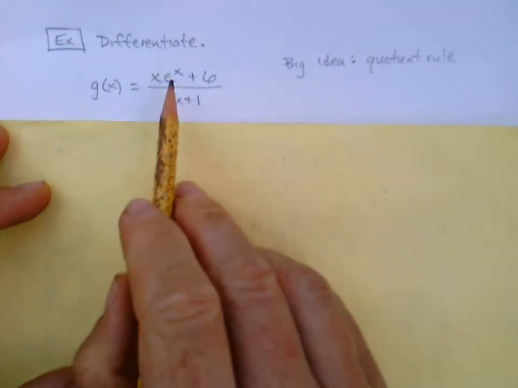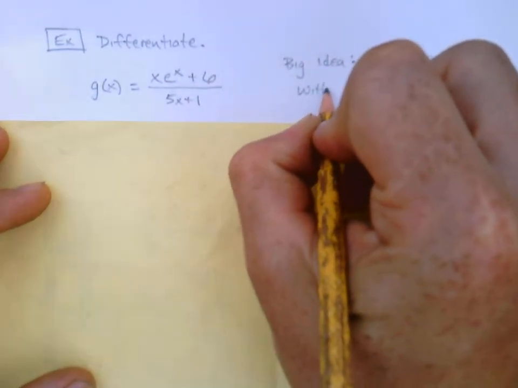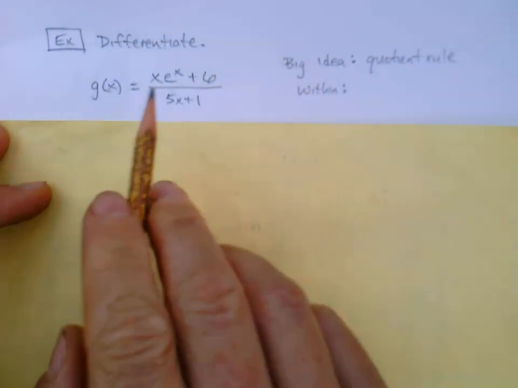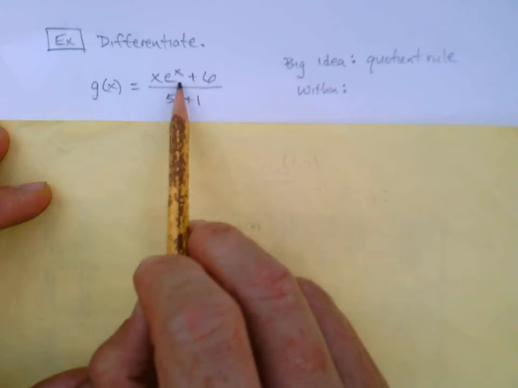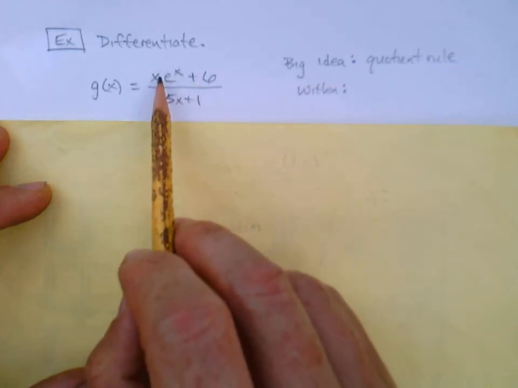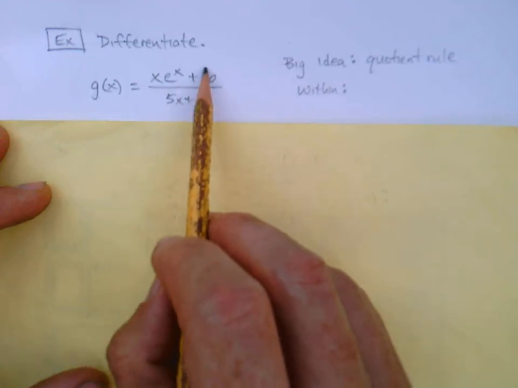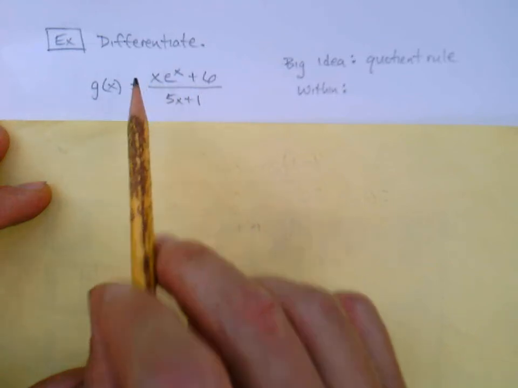Okay, so I've got this numerator and this denominator. But within that, you can see the numerator has this product, x times e to the x. So when we have to take the d high, we're going to have to use product rule.